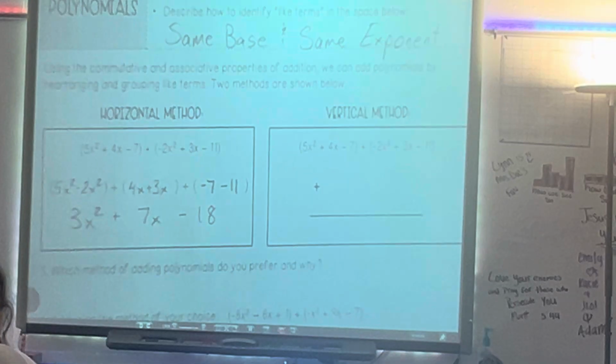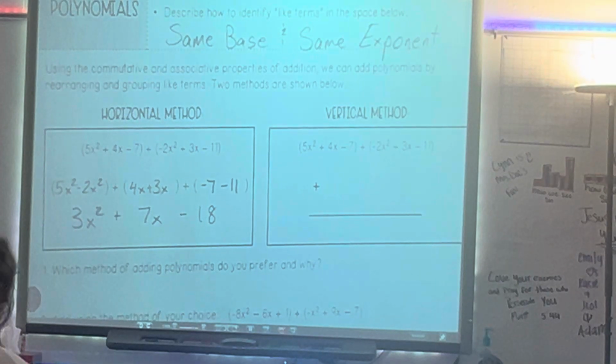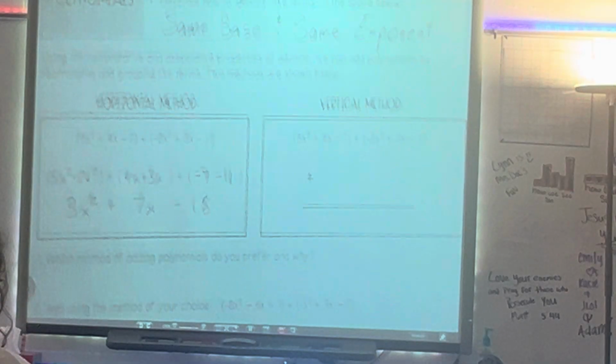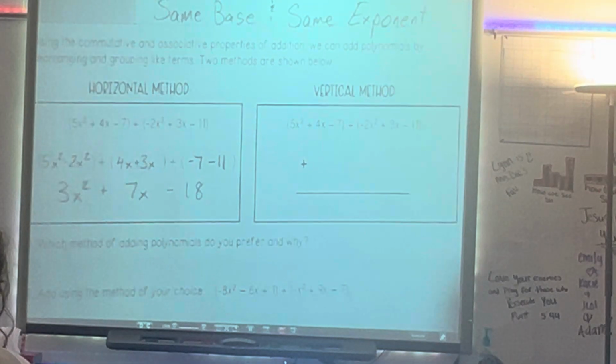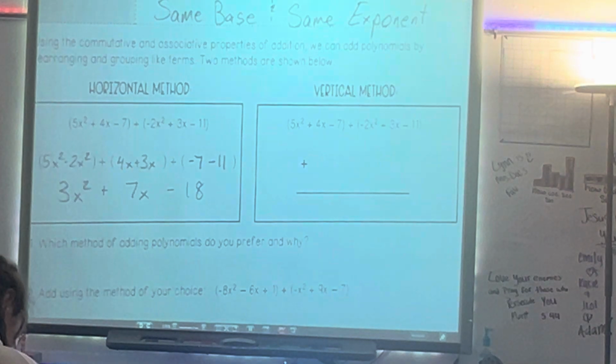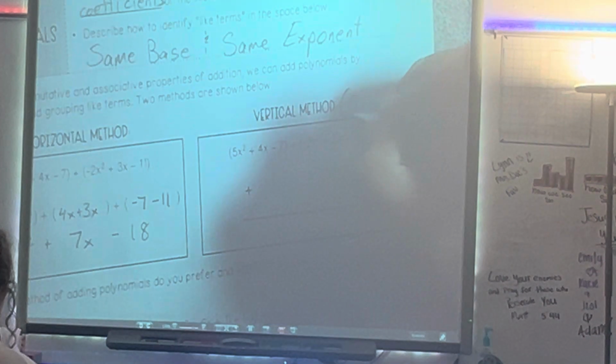Okay, so regrouping horizontally, that's one way. I prefer the vertical, but it's really up to you, and it kind of depends on what you have happening, when one is better than the other. I'm not going to require you to do one over the other. I like the vertical, and I usually call this stacking.